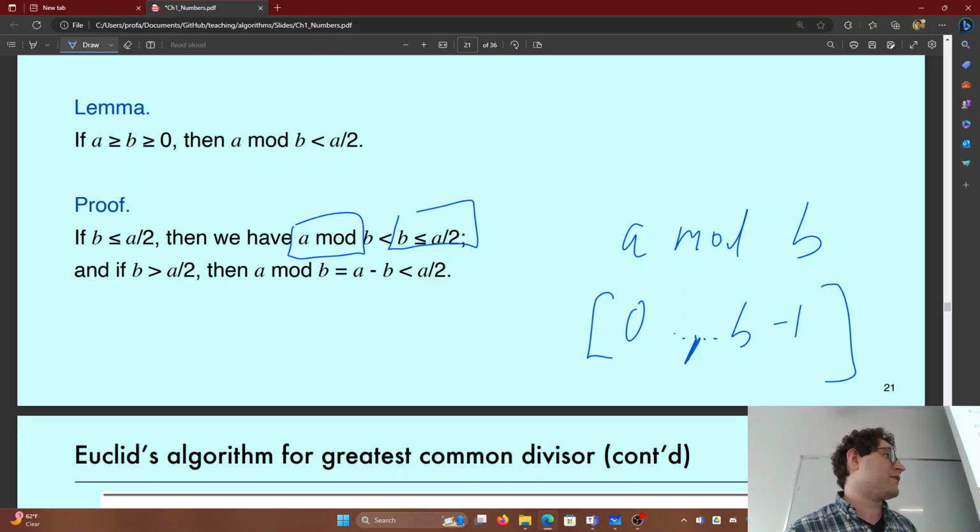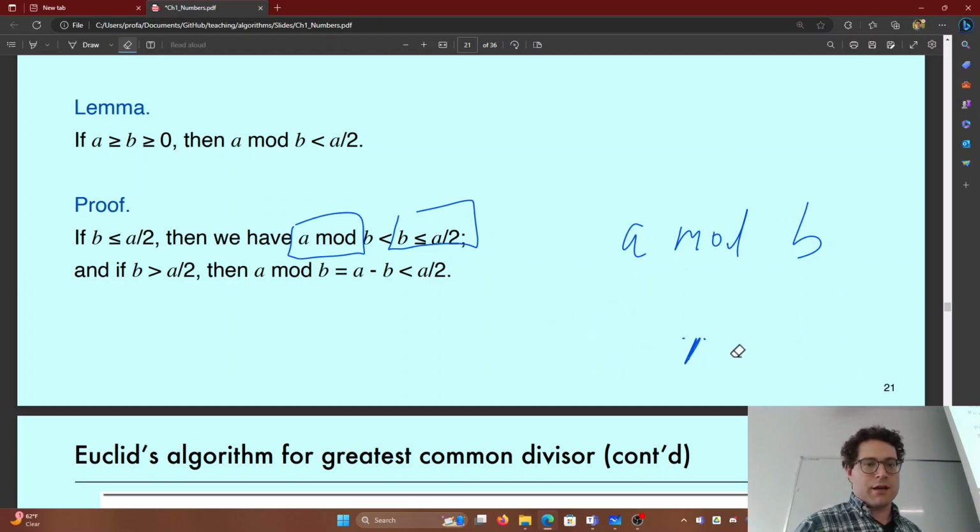That's the only possible range of numbers A mod B can be, and B minus 1 is smaller than B last I checked. So if we're starting with B less than half, great.